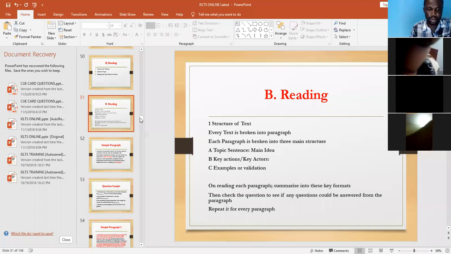Just like you can see in the slide in front of you, I said that when you are reading a particular paragraph, you are looking for two or three things most importantly: the topic sentence, which is the main idea of the paragraph, and the key actions that explain the main idea.